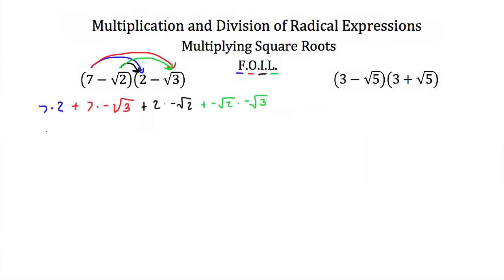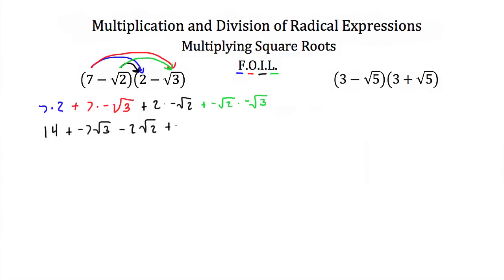7 times 2, that's 14. 7 times the negative square root of 3 I can't do much with, so this is just negative 7 square roots of 3. 2 times the negative square root of 2, that's just negative 2 square roots of 2. The negative square root of 2 times the negative square root of 3, our negatives are going to cancel because we're multiplying two negative numbers together.